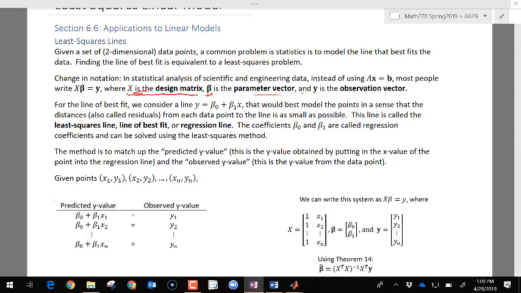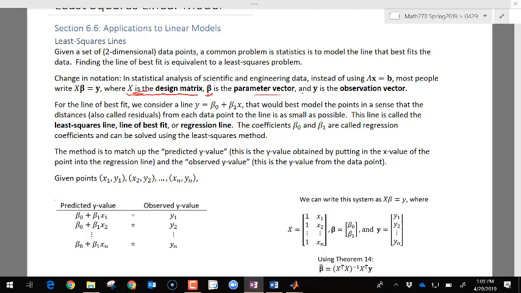If you're looking for a line, then it's the y equals mx plus b business, so you need a slope and a y-intercept. If you're looking at a quadratic function, there are more parameters involved. So your parameter vector will grow depending on what type of model you're trying to use.